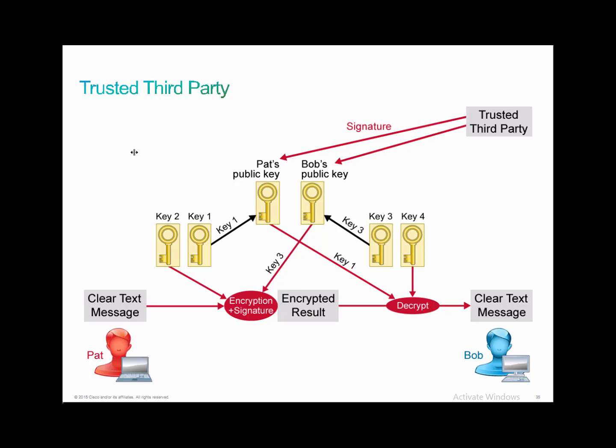That provides a much higher level of security, but we still have to go one step further. All right, so there is one last step that's applied to this process. What proves to Bob, for example, that the public key that he has for Pat is actually Pat's public key? It's kind of like you get pulled over by the cop and you have to present identification.